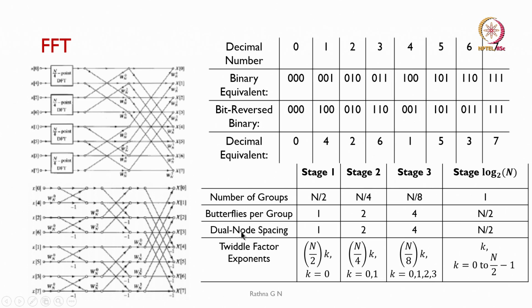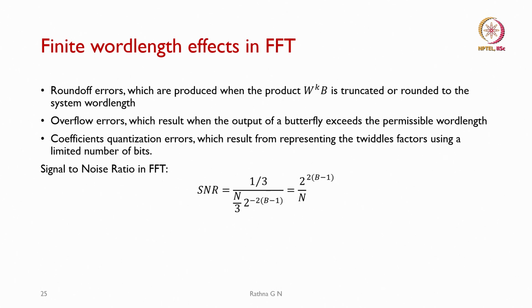And then we went on to show how many butterflies or groups and how many twiddle factors are required at each stage, because we have log 2 n stages. We went on to say what the twiddle factors present in each stage are. We also discussed finite word length effects in FFT.